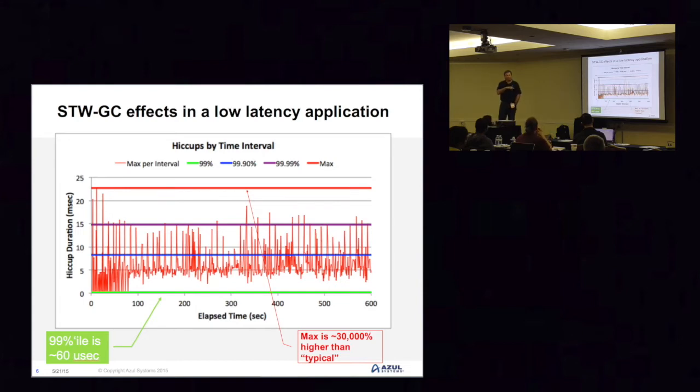And the duration or the length of them happens to correlate with how much heap you've got. And this is only a 600-second run, so 10 minutes. We generate plots like this all the time to try to characterize the latency of a system from inside the JVM. This is actually a tool we have that can sit inside of a running Java program and come out with these time hacks to know what your worst case latencies really are.